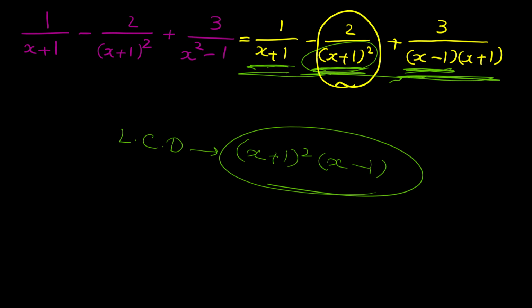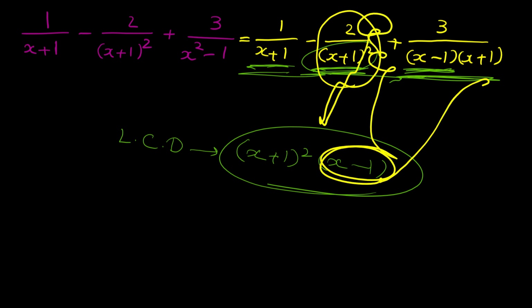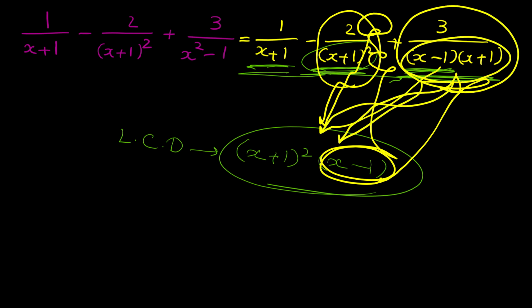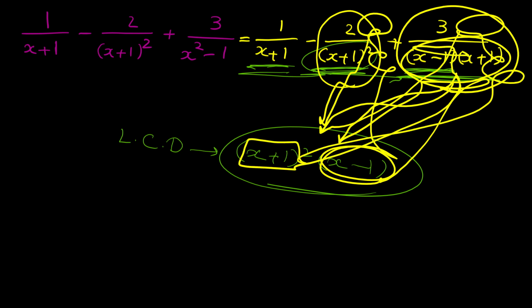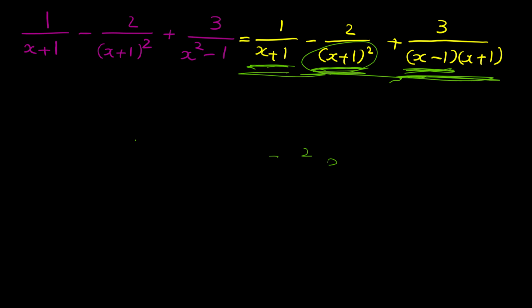How can we convert this to this? We have to multiply numerator and denominator by x minus 1. And for the last one, to make the denominator the same as this, we have to multiply the numerator and denominator by x plus 1, because here we have only x plus 1 to the power of 1, but we need x plus 1 to the power of 2. So we multiply the last fraction by 1 extra x plus 1.